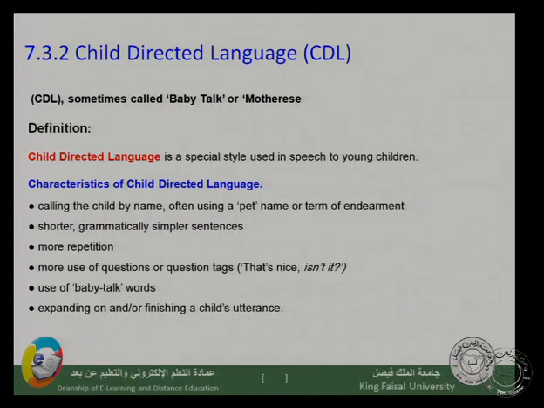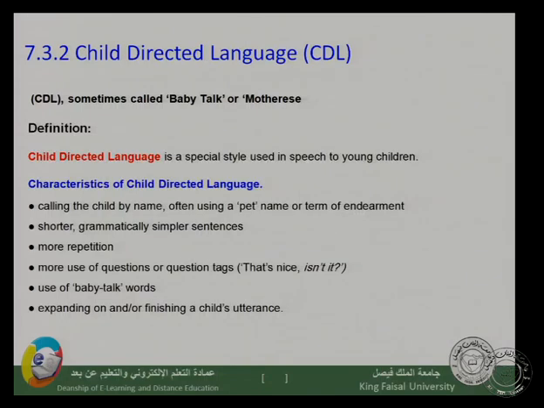Now, what is the definition of child-directed language, or CDL, or if you like, the definition of motherese or baby talk? Child-directed language is a special style used in speech to young children. So imagine yourself talking to a child. Of course, you will not be talking in the same way that you talk to your friend.